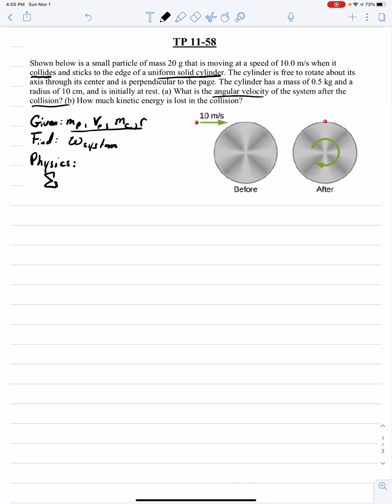Boom, this is definitely a conservation of angular momentum problem. So make sure you write down that the sum of all initial angular momentum is equal to the sum of all final angular momentum. Okay?